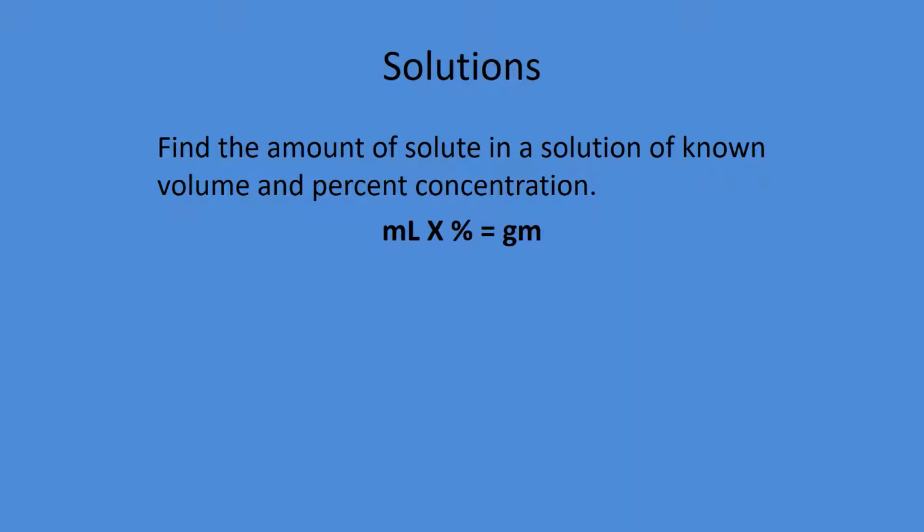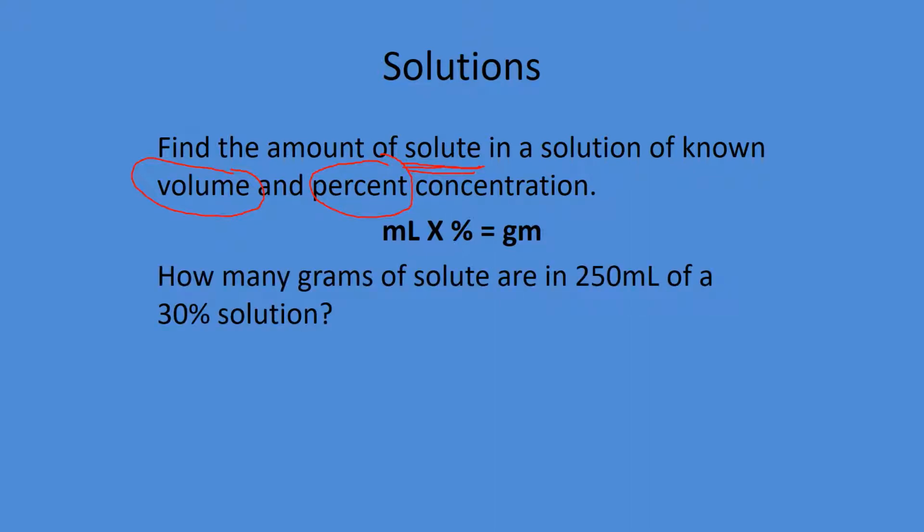To find out how much solute is in a given solution, there are two things you'll need to know: the volume and the concentration, in this case in percentage. All you have to do is take the mLs times percent, and that'll give you grams. So for this example, how many grams of solute are there in 250 mLs of a 30% solution?